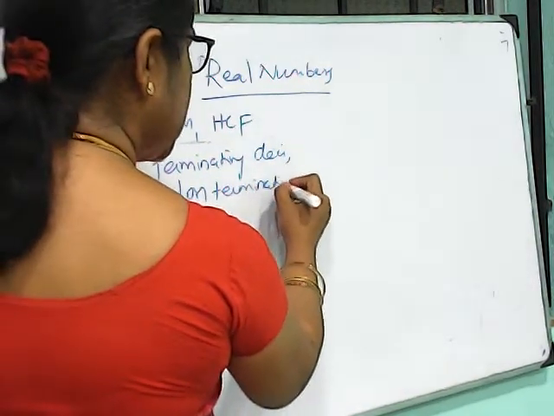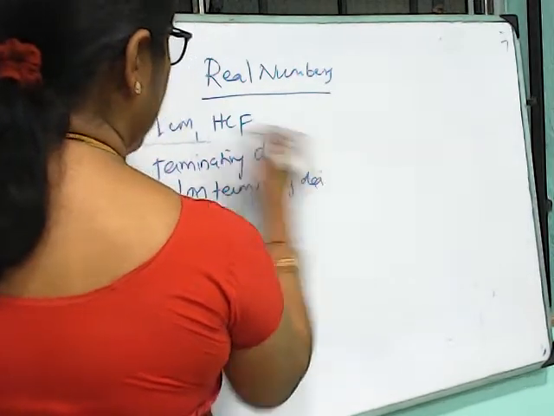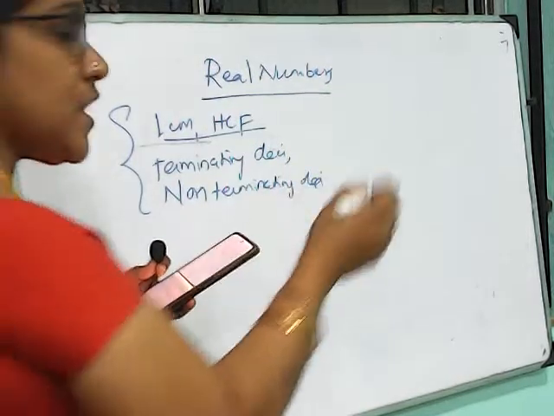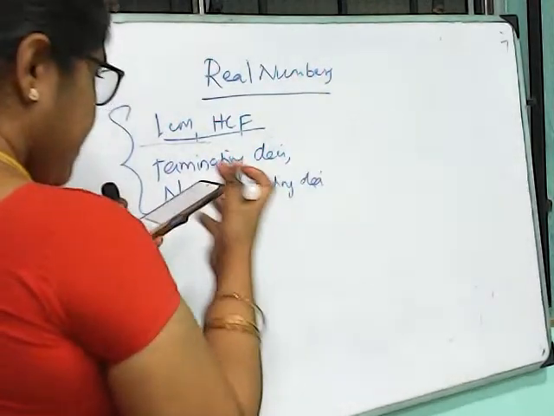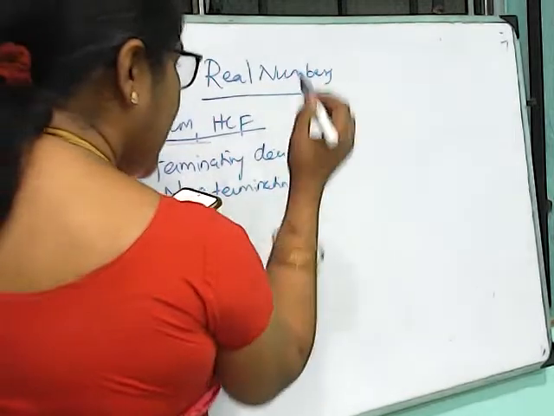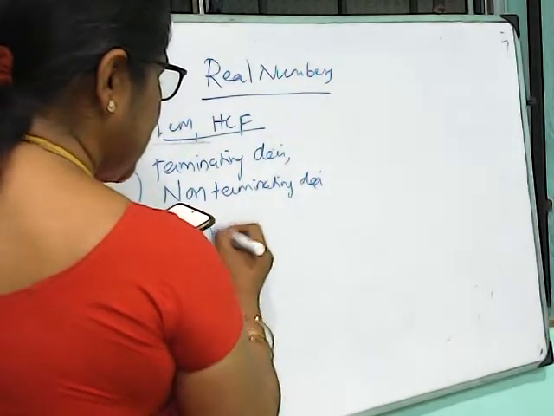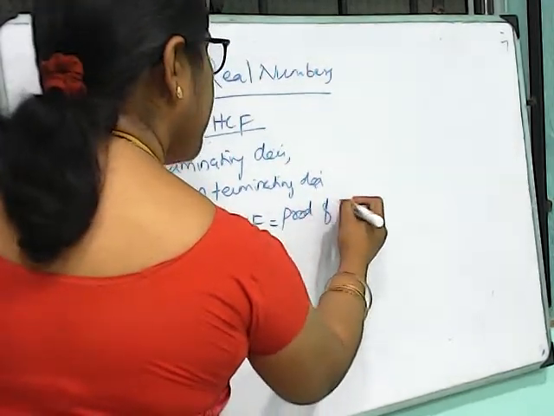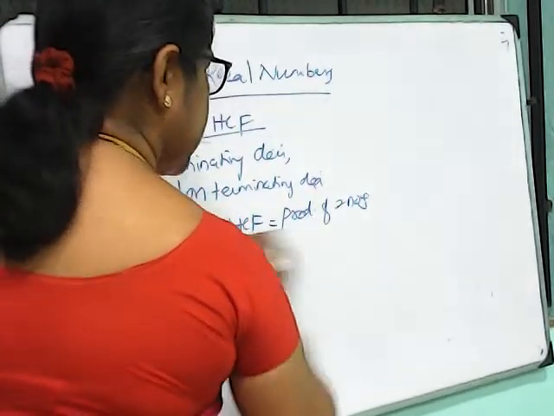Okay, only these 2 things you need to know as important. You know LCM and HCF. What is LCM and what is HCF? So in LCM and HCF, just go through only the relation. What is the relation? LCM into HCF is equal to product of 2 numbers. This is enough for this.